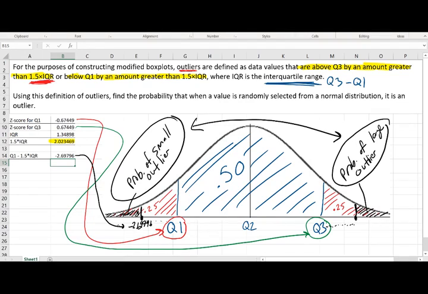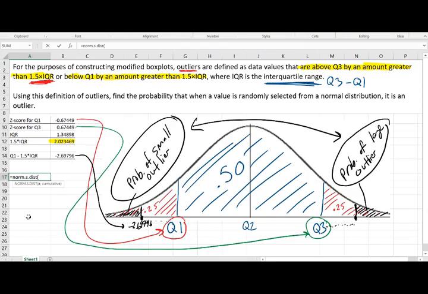And now the black area, or the probability of an outlier on the low end, well, now we have the z-score, we need that area. We need that black area, that's the probability. Okay, so that should be equal to norm.s.dist, the normal standard distribution. So that'll give us probability. That's our goal.